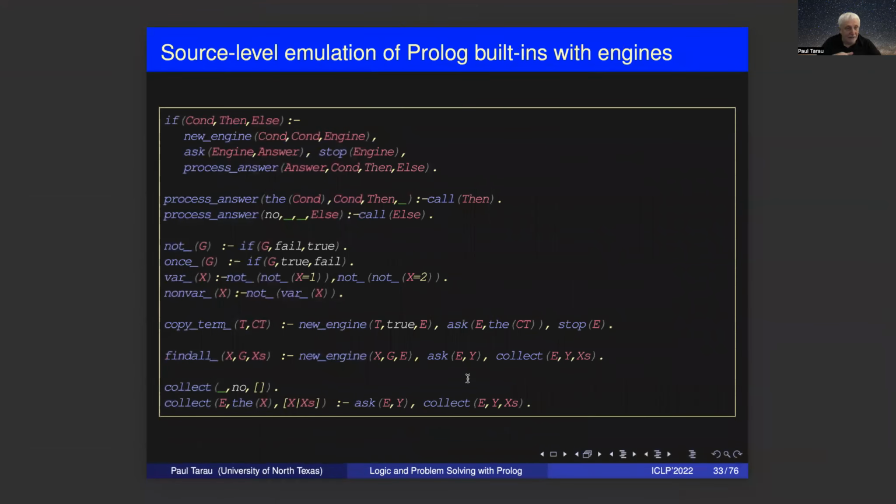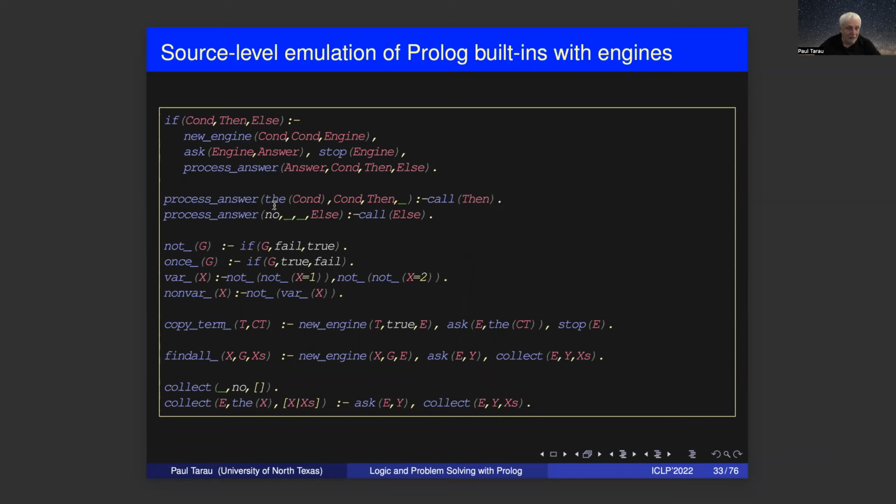All right, so next, let's see how we can emulate Prolog's built-ins, and that's an introduction to them at the same time, with engines. Well, the if-then-else construct means making a new engine using the condition of the if as an answer pattern, get the answer back, stop the engine, you don't need it anymore, and then process the answer.